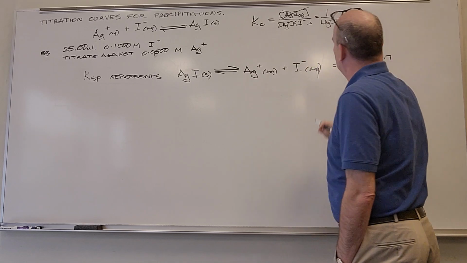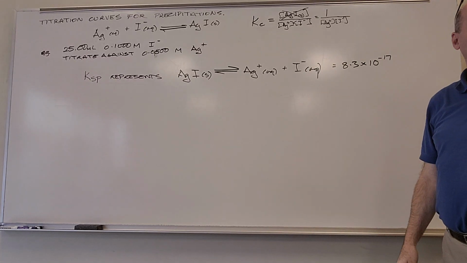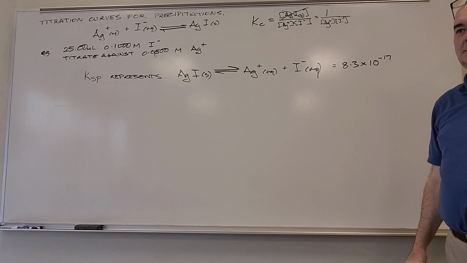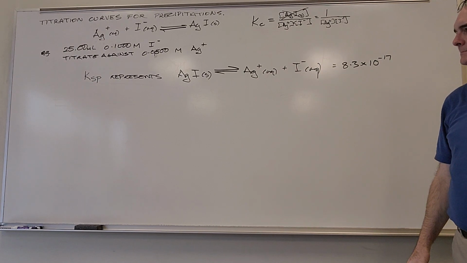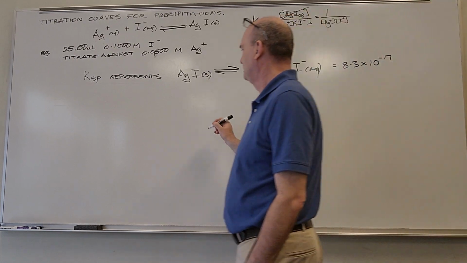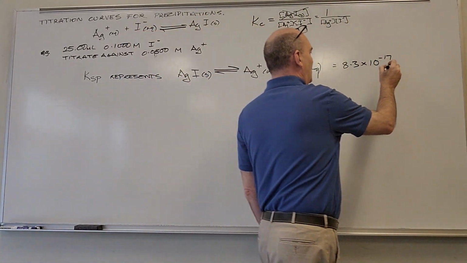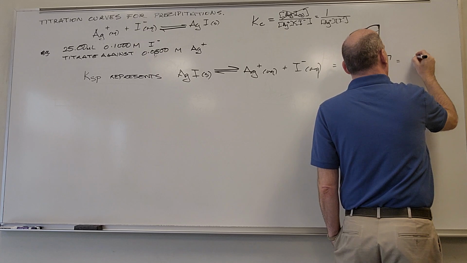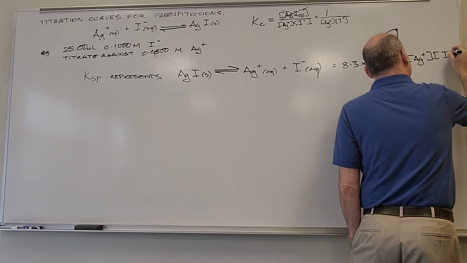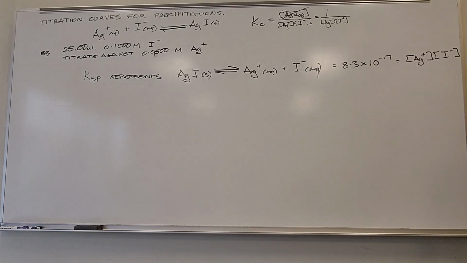So I get this. Put a value to it: 8.3 times 10 to the negative 17, because KSP is that.